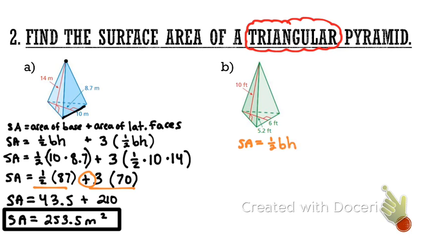That is the area of the base. Plus, we got to do the area of the lateral faces. Because down here this is a triangle, there are 1, 2, 3 sides. So we're going to do plus 3 times half times base times height. Okay, so now that you're all set up, once again, pause the video, try to plug it in, and do it on your own.